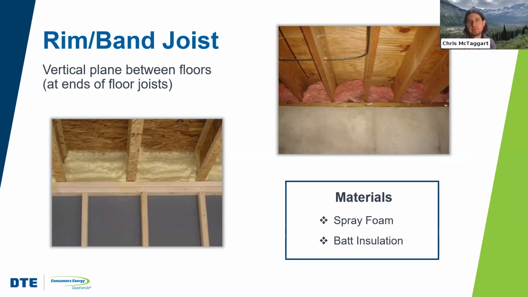Spray foam is very popular for this because it gives you the benefit of making sure that insulation is fully in contact with that rim board. And then it can also provide air sealing, because there are a lot of places where this can leak and cause air leakage and comfort issues. Technically, you could use bats, but as we can see, I would probably call that a grade 3 install because it's really not fully filling that cavity.